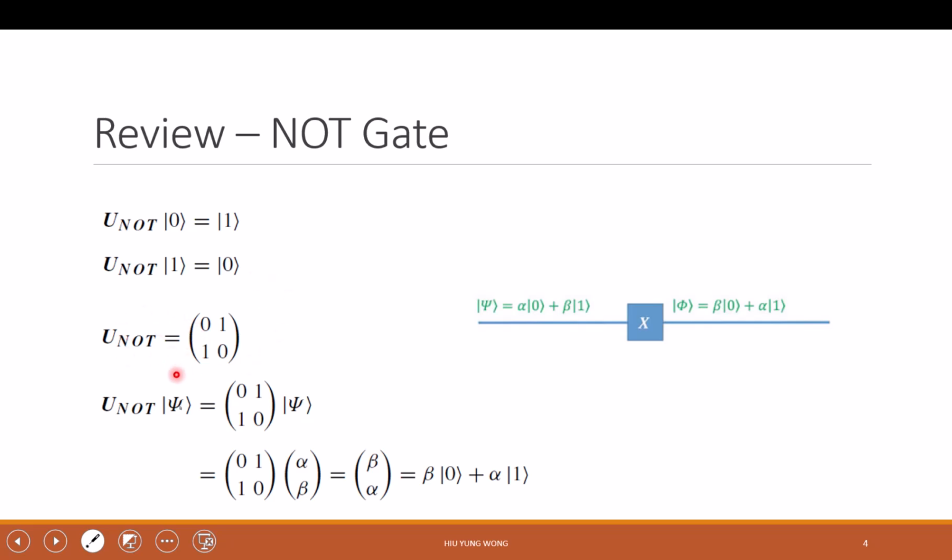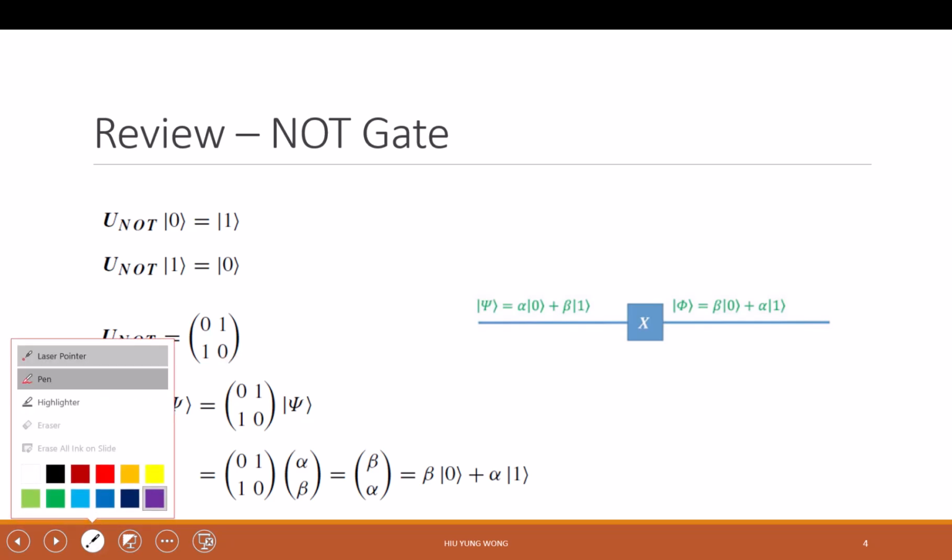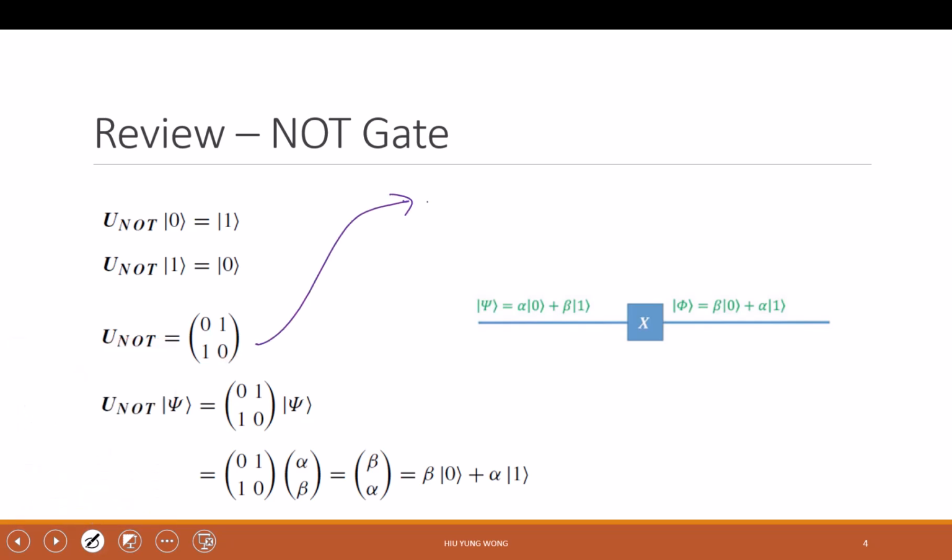And if we write it in matrix form, it will be something like this. Because, for example, the matrix [0,1;1,0] times the state [1,0], what is this state?